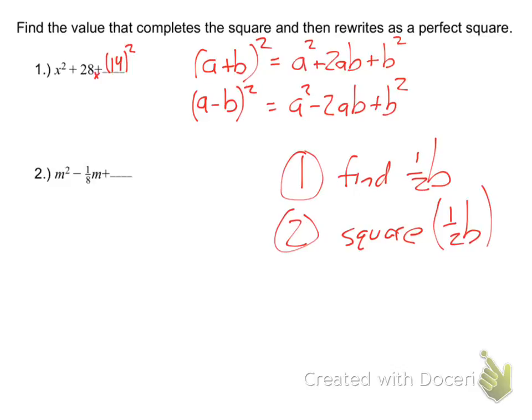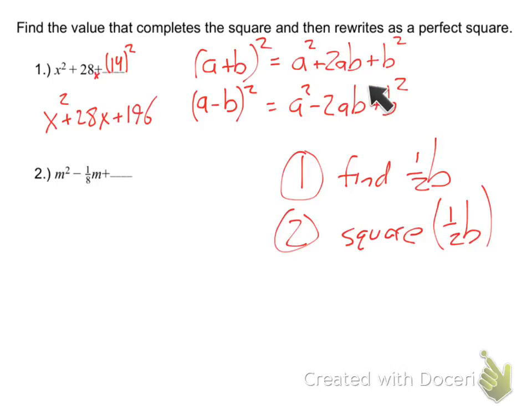Granted, some of us will take our calculators out, some of us won't. What is 14 squared? 196. So technically, if I complete the square, 14 squared is 196. Is everybody okay with that? I just completed the square. That is a perfect square trinomial.